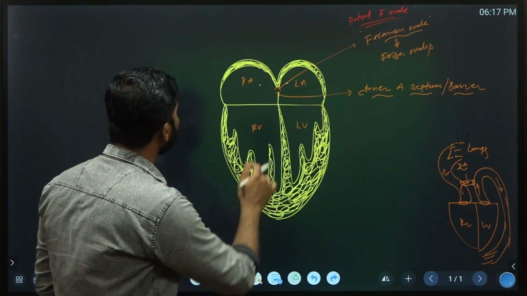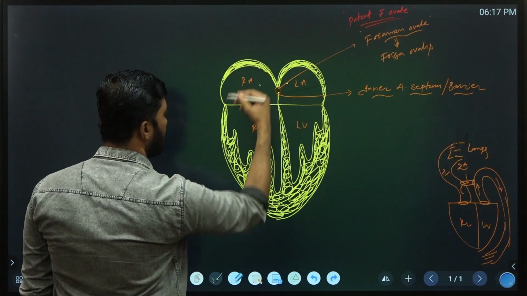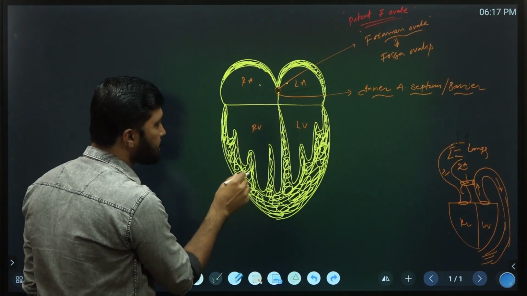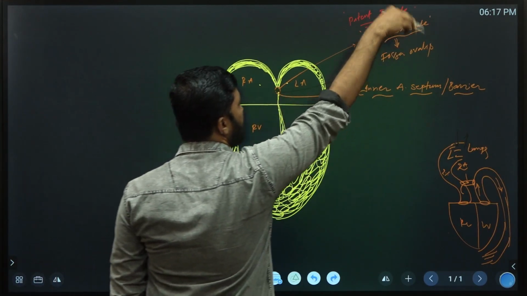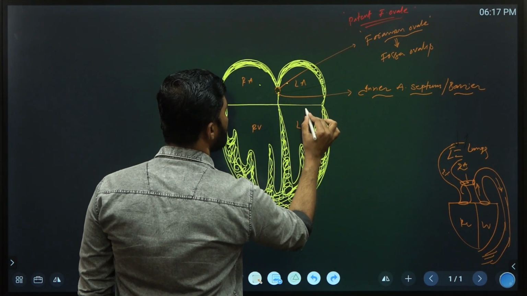Now the right atrium and the left atrium are also separated from the ventricles. This is the inner atrial septum information. Now we go to the inner auriculoventricular septum.